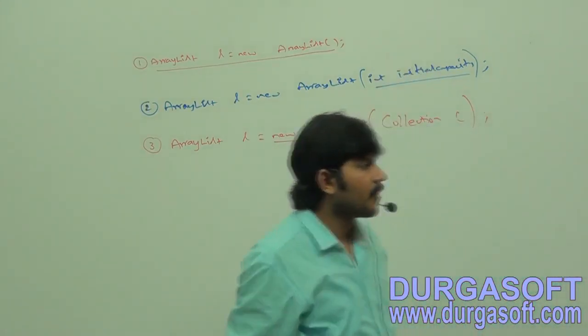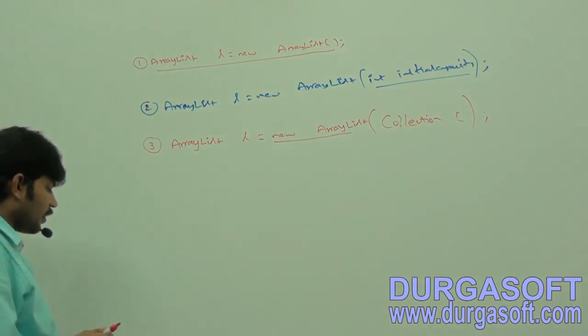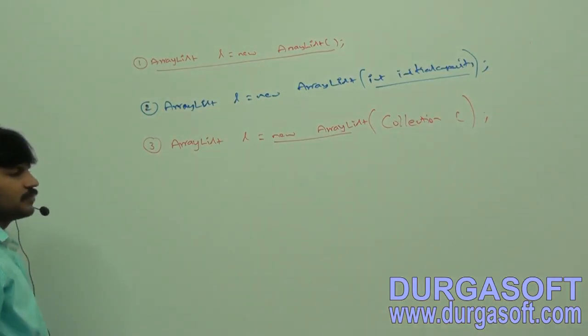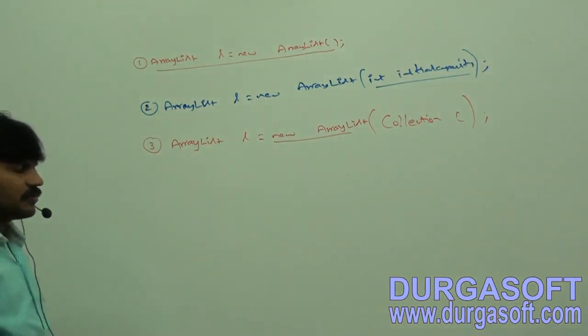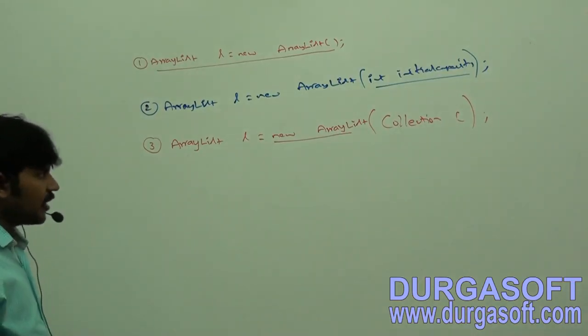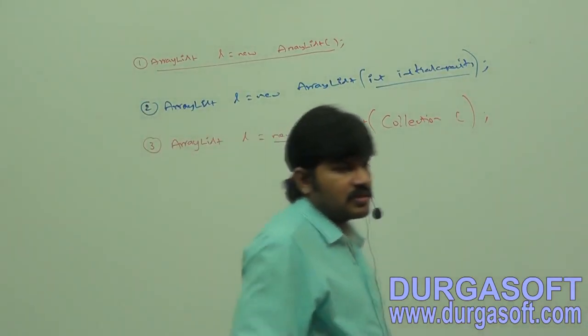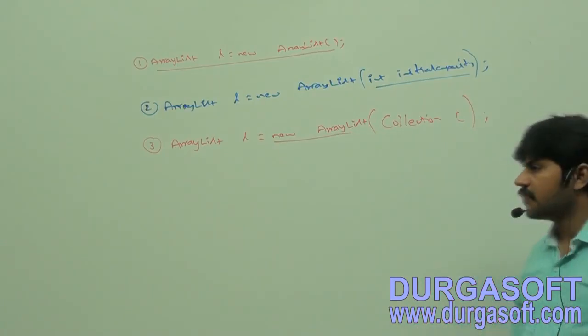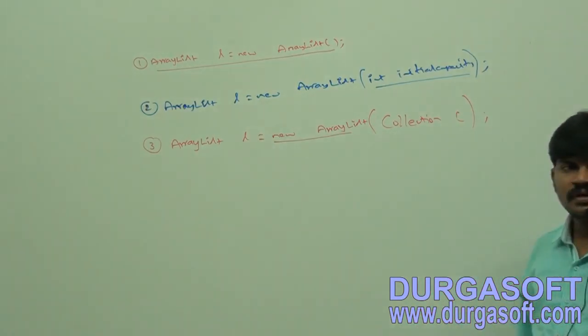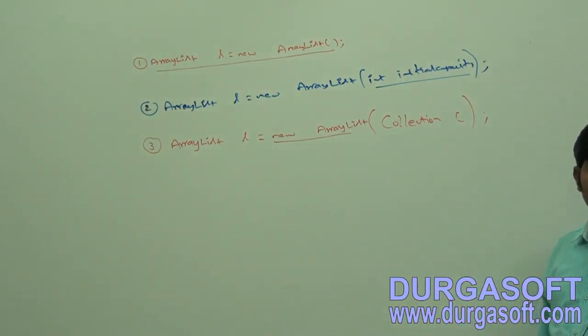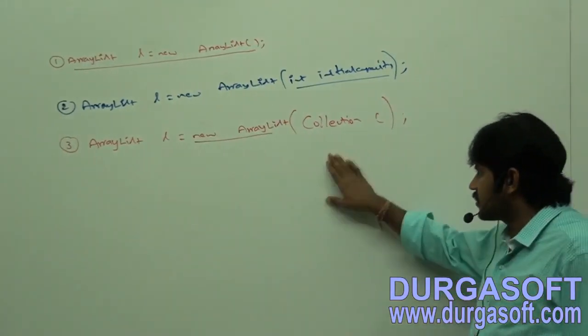Okay, at this point, take this one. ArrayList l = new ArrayList(Collection c).